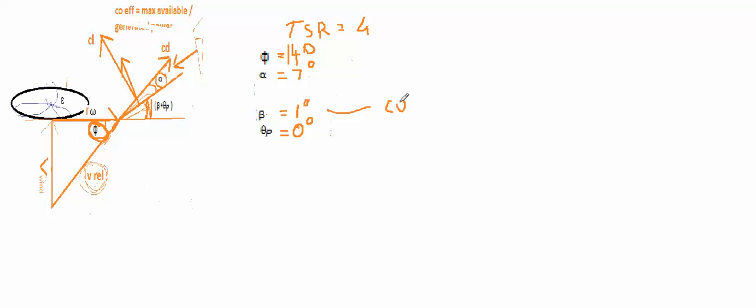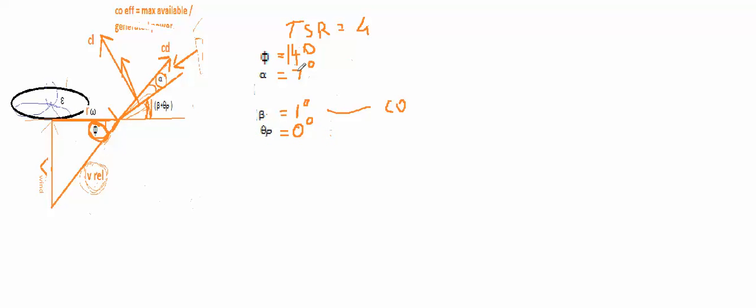So now I reckon it would be quite clear to you, the only thing that we can change is this angle, which is our pitch angle. So now we know that this angle of inclination is 14 degrees.